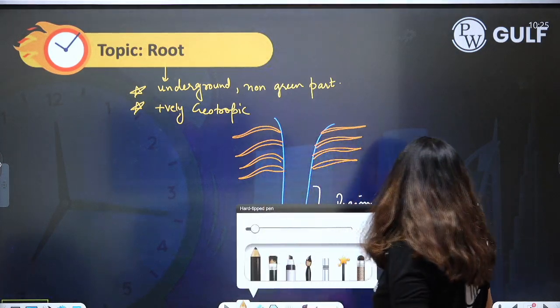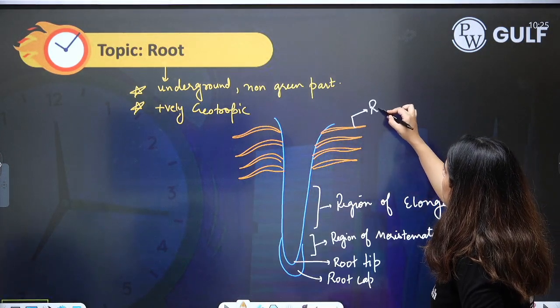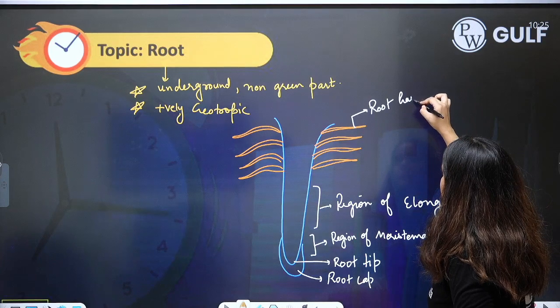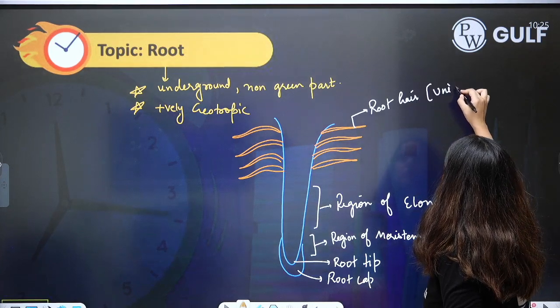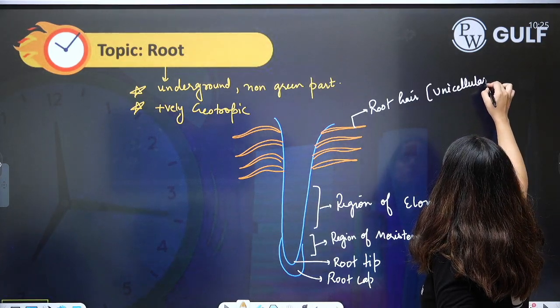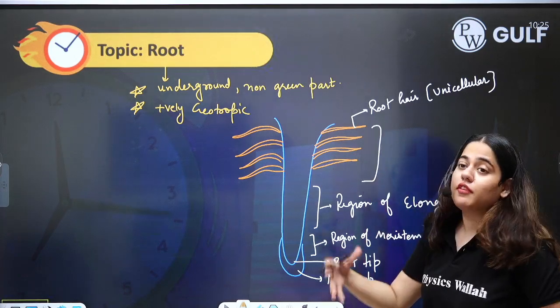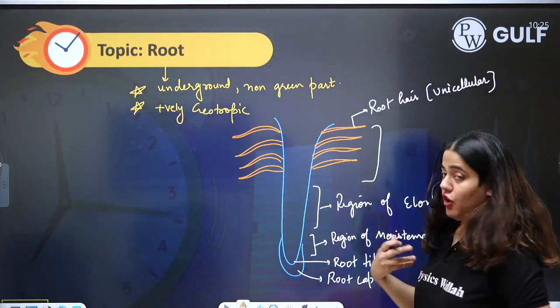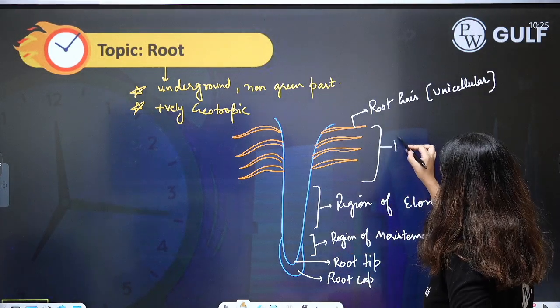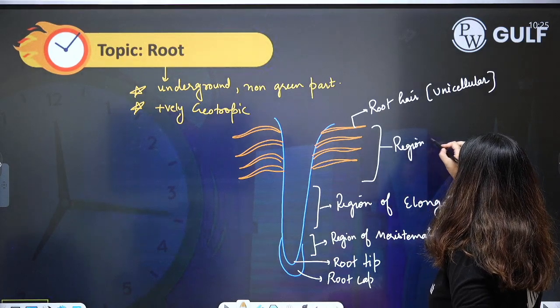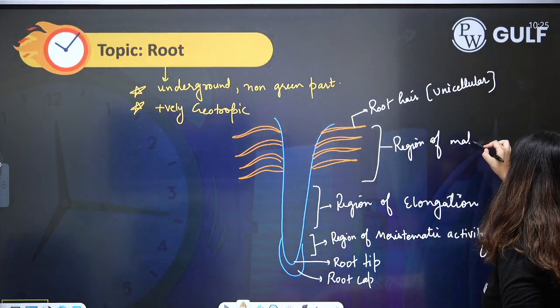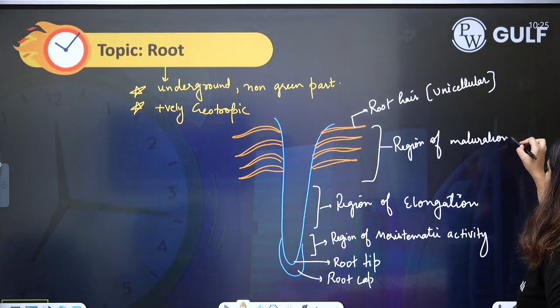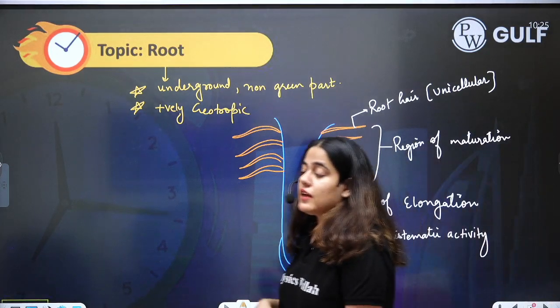This hair-like structure is root hair, and remember it is a unicellular structure, right? And this region from where root hair originates is known as the region of maturation.